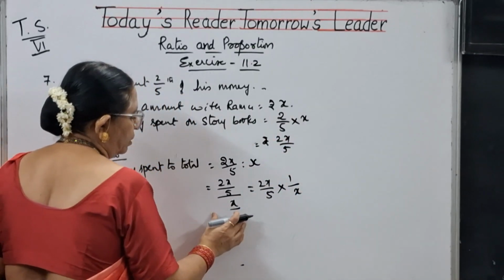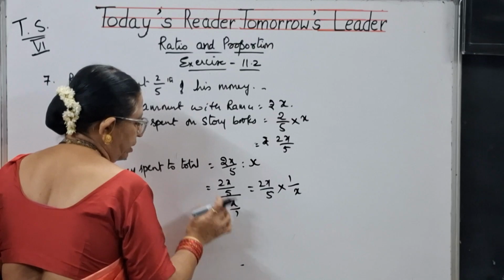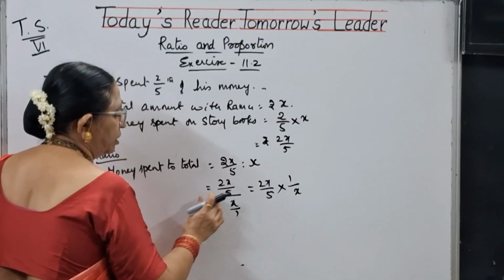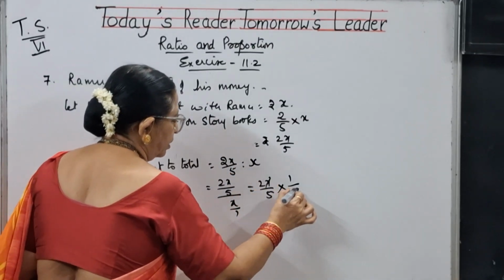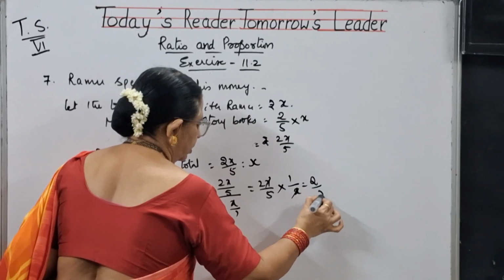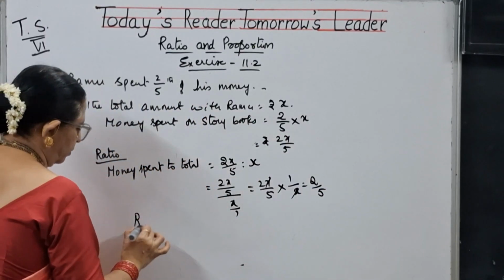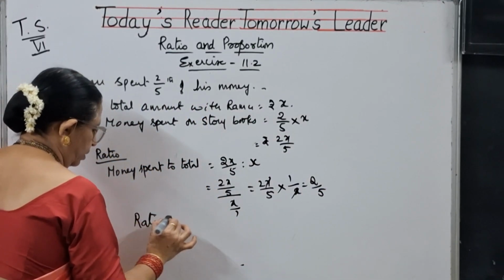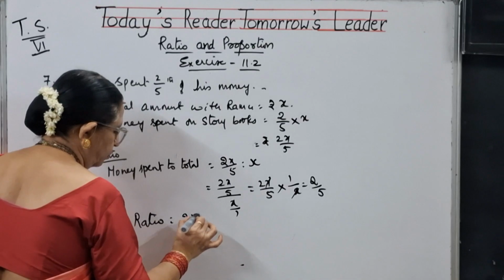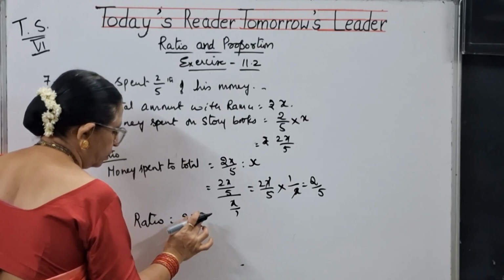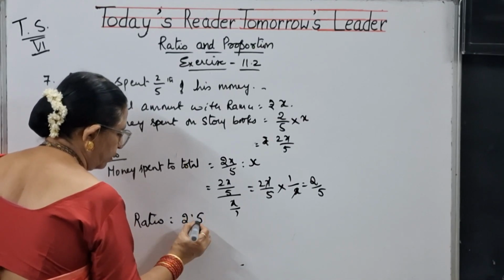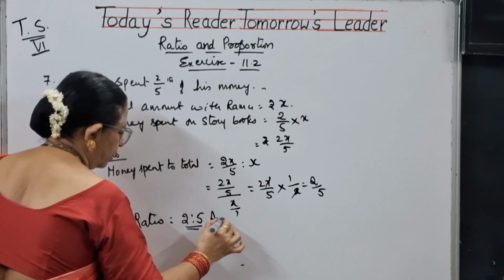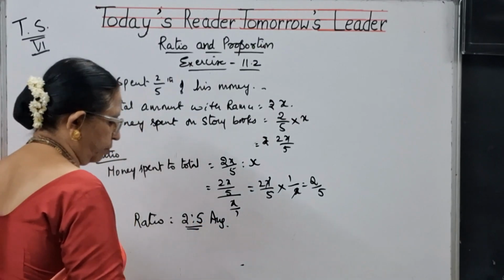This you know, children. A by B divided by C by D, A by B into D by C. Division becomes multiplication. x and x will get cancelled, 2 by 5. So, what is the ratio? Ratio is equal to 2 is to 5. This is the answer for this problem, children.